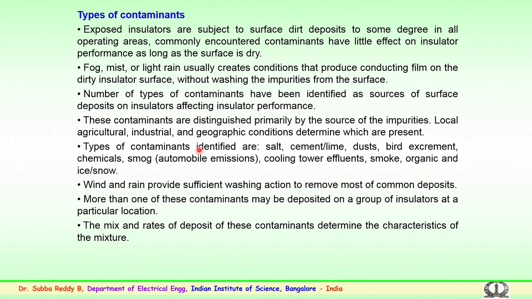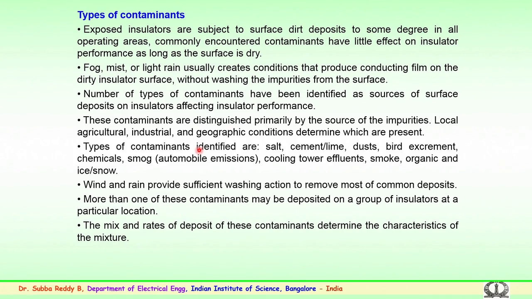As insulators are exposed in the field outdoors, they are subjected to surface dirt deposits to some degree in all operating areas. The commonly encountered contaminants have little effect on insulator performance as long as the surface is dry. So, under dry conditions, there is not much threat from these contaminants.